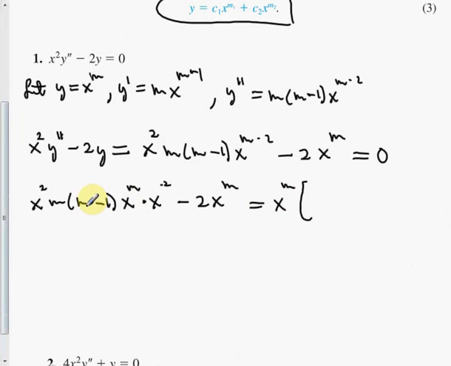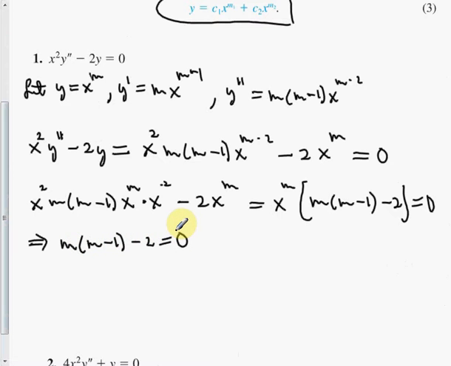You have left m times m minus 1 minus 2, that's equal to 0. So this implies that m times m minus 1 minus 2 is equal to 0. Simplify that: m squared minus m minus 2 equal to 0.